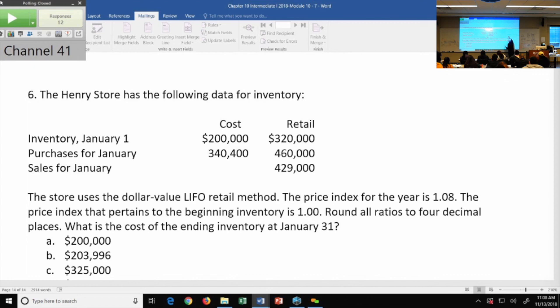And then the ending inventory was 351. Divide that by the index of 108, and that should have given you 325. So there's an increment of 5.